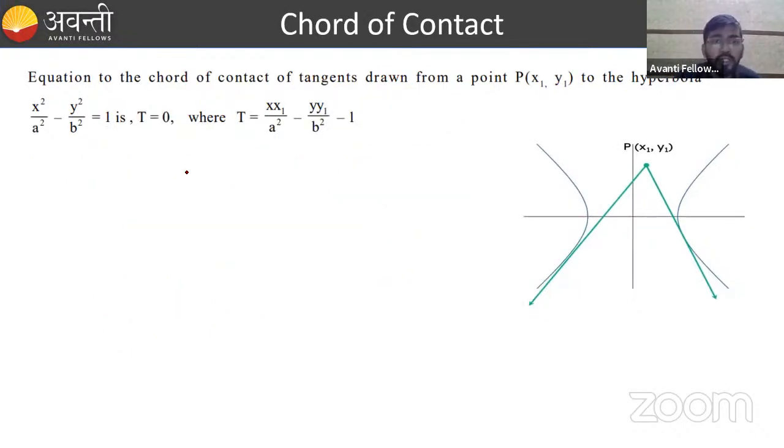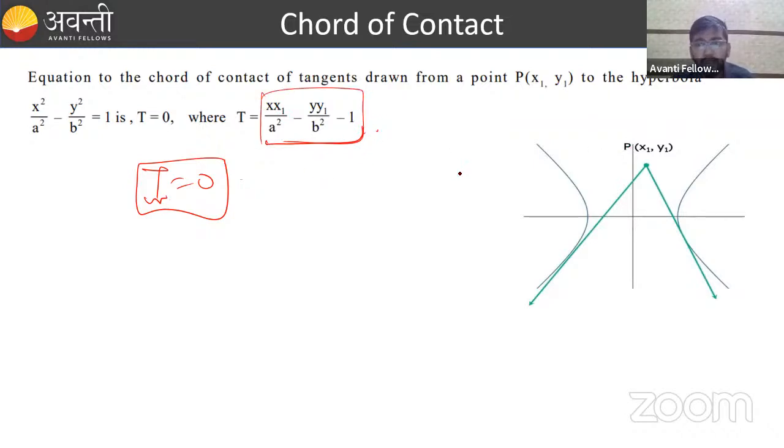The equation of the chord of contact of the tangents is given by T = 0, where T is the equation of the tangent if that point was on the hyperbola.